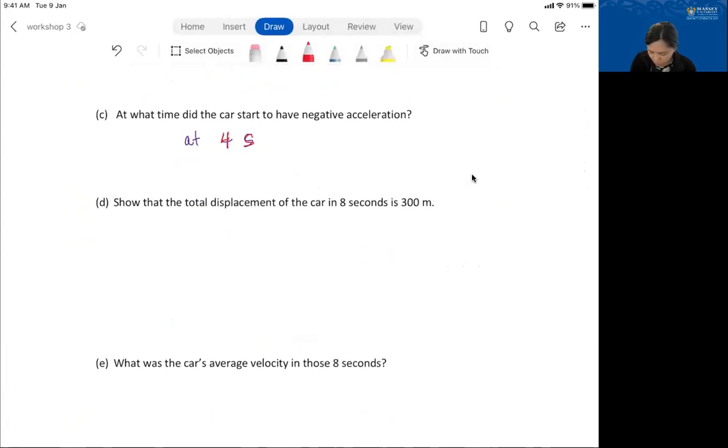Right. So your total displacement will be the area of a trapezoid. That's 1/2 times the height. The height is 60 meters per second, times base 1 plus base 2.